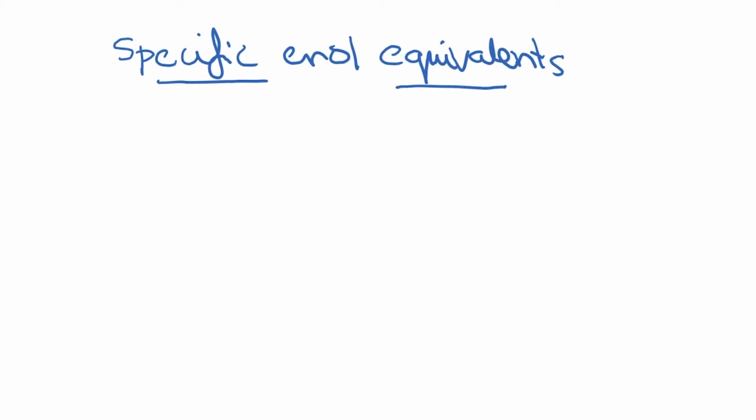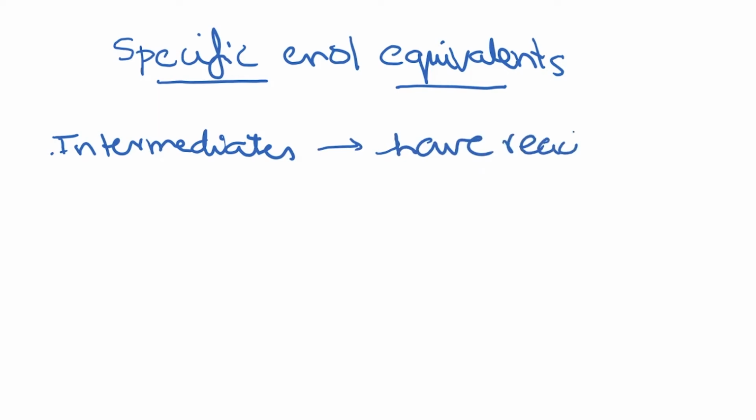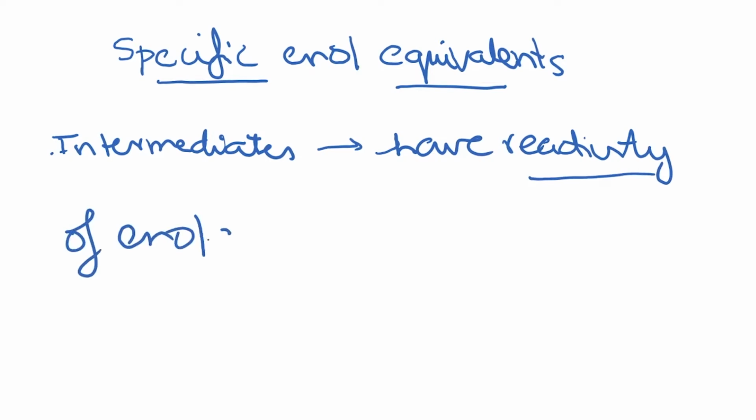So what these are, basically, are intermediates that have the reactivity of the enolates. The key word here is reactivity of enolates, but are stable enough to be prepared and used.